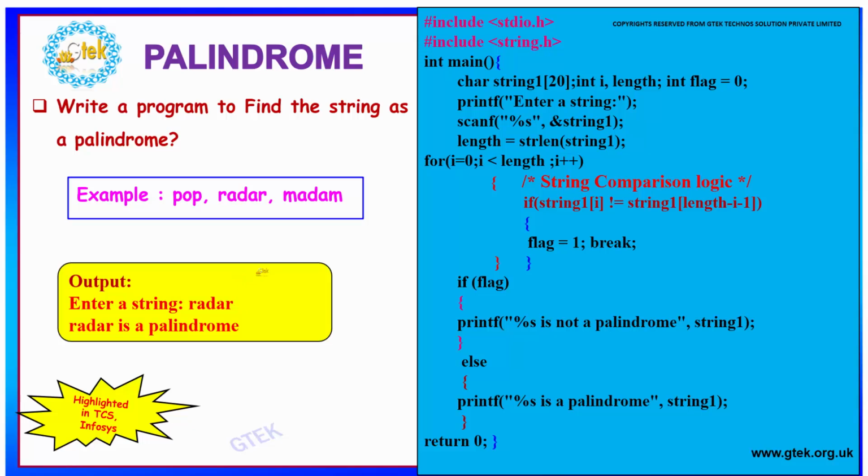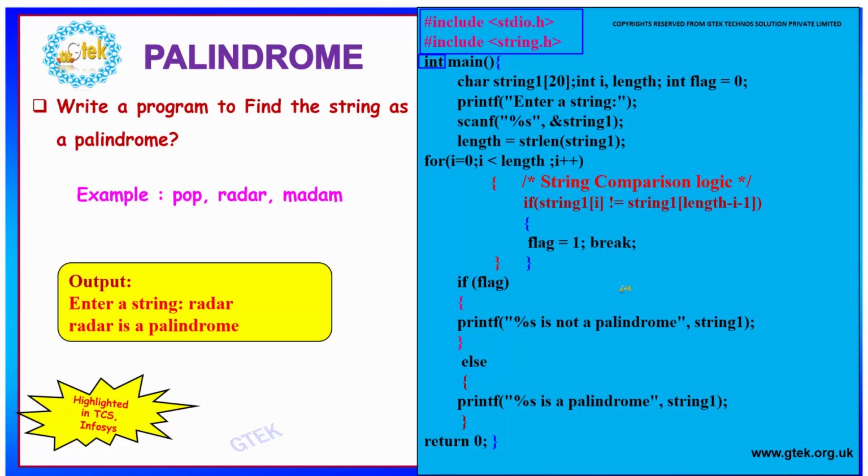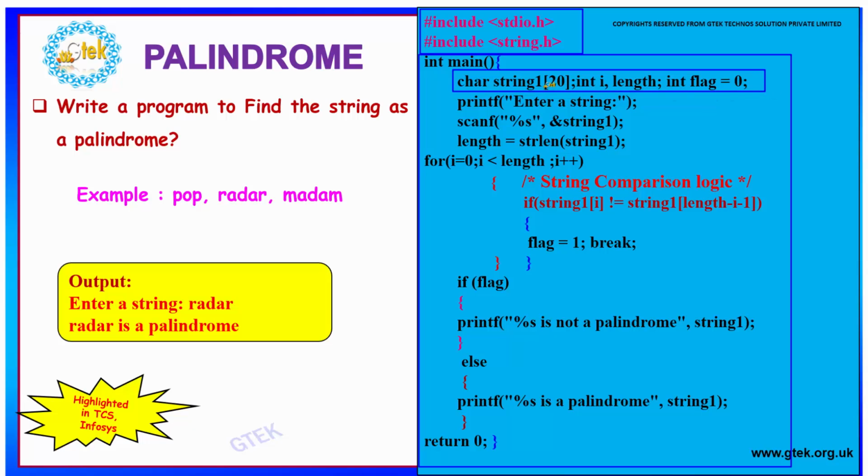If you see over here, we have to include the standard libraries as our initial step, followed by our main. So our main function has the declaration of the required terms, let us say a string to store a word, and an iterator I and length and a flag.